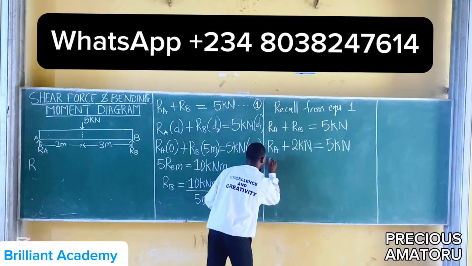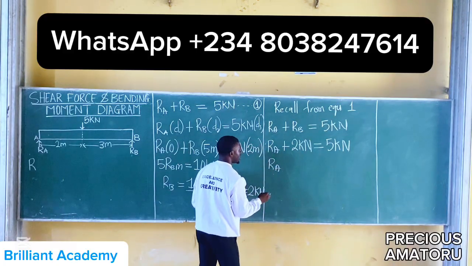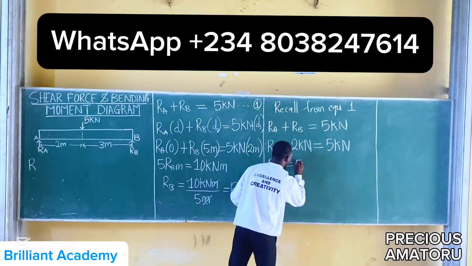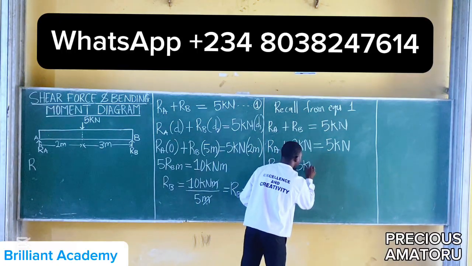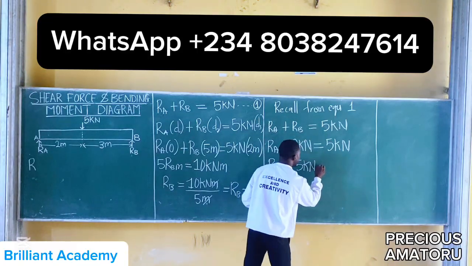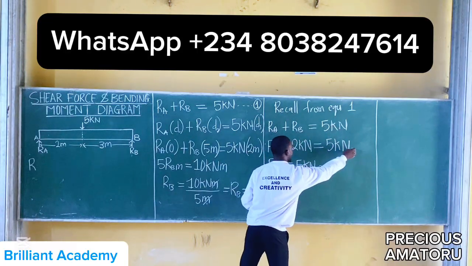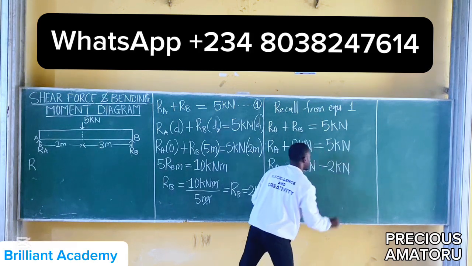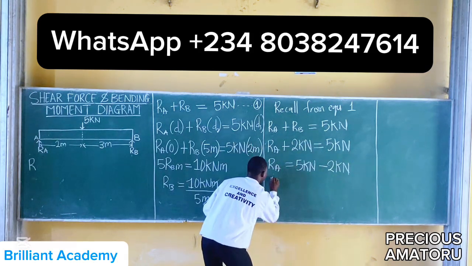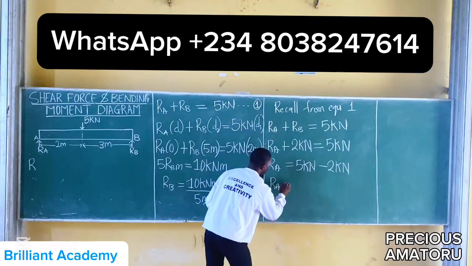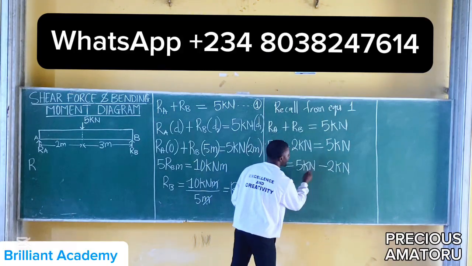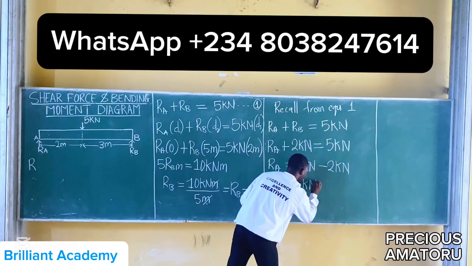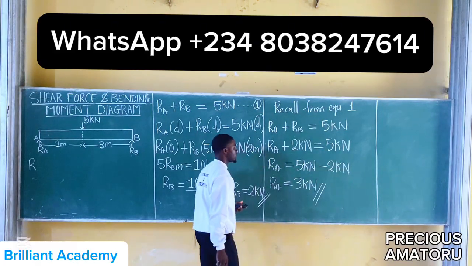So we have RA is equal to 5 kilonewton minus 2 kilonewton. So we have RA equal to 5 minus 2, that's 3 kilonewton.